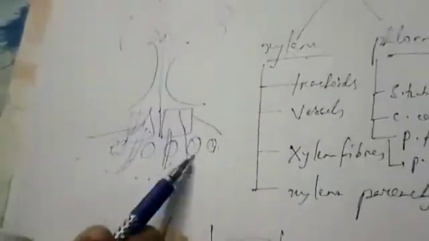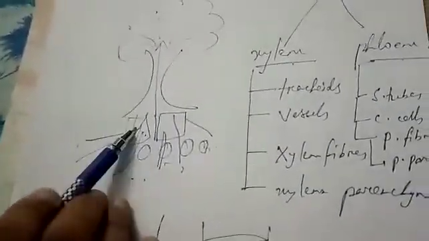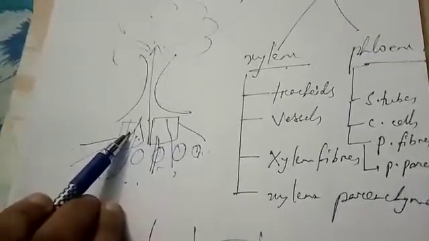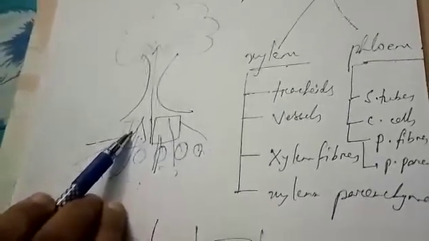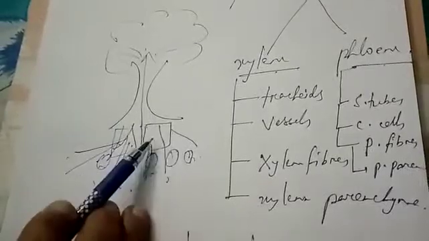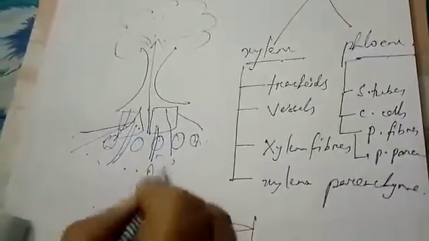Now what is the meaning of that? Diffusion is movement of molecules from a region of higher concentration to a region of lower concentration. Here you see, this part is the region of higher concentration of minerals, and inside the root hair cells the concentration of minerals is low. So there is direct movement of minerals, and that is called diffusion.